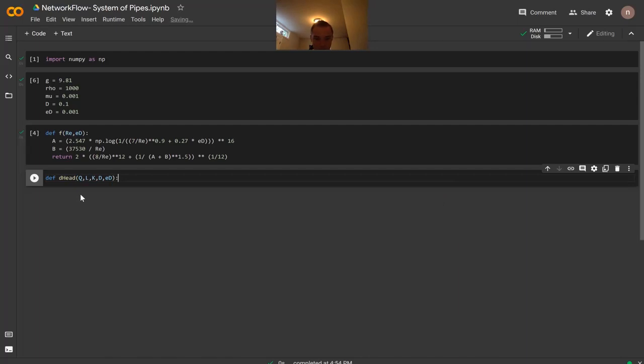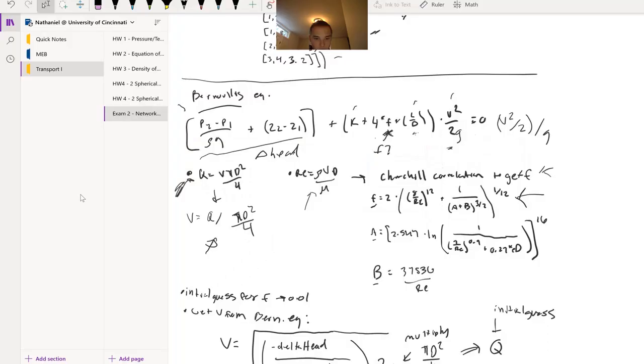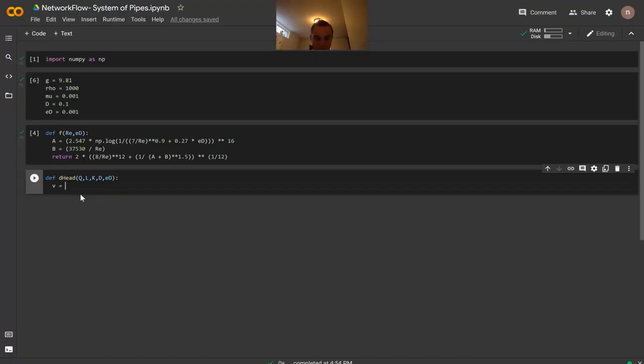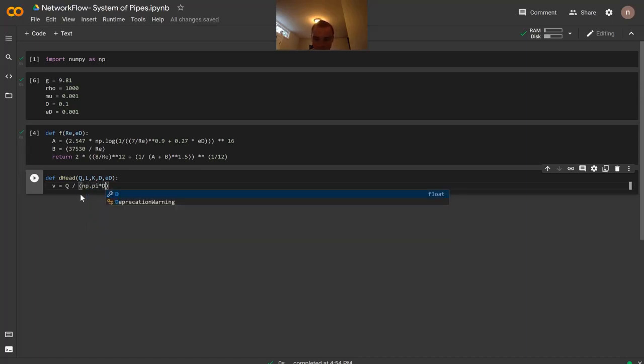And then we will put in our equation for velocity, and in this case we said that this was, go back to our notes, Q over pi d squared over 4. So we have Q over, and then we have pi, so np.pi times our diameter squared, and then this will be over 4, and that should be good for that.